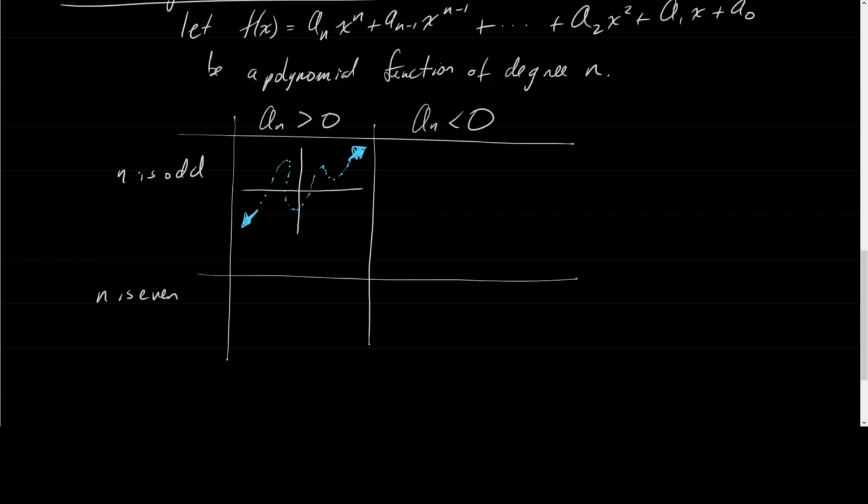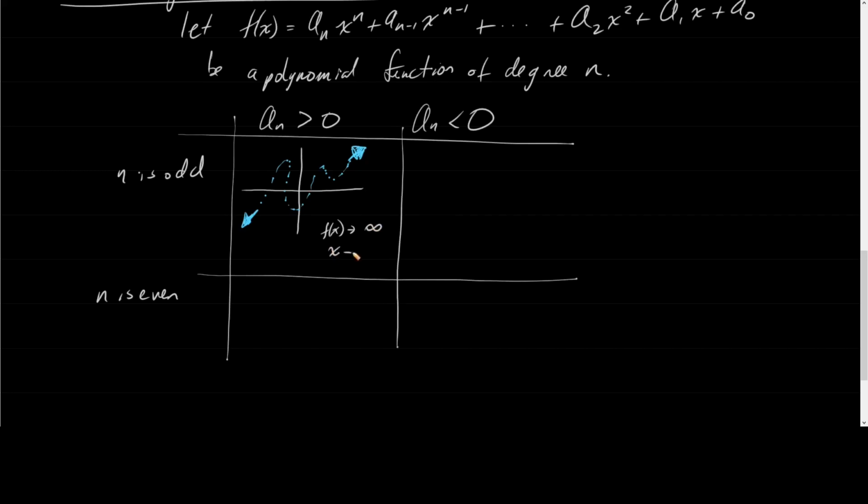Let me move this a little bit and slide that down. What this is really saying is that, and I'm going to be using some fancy terminology here, as x goes to infinity, f of x is going to infinity.